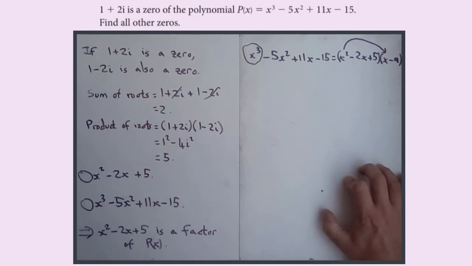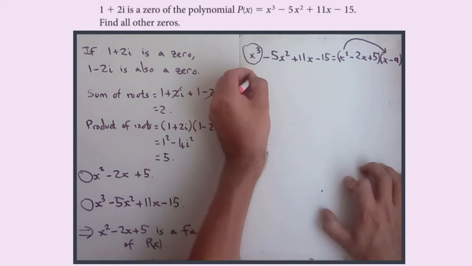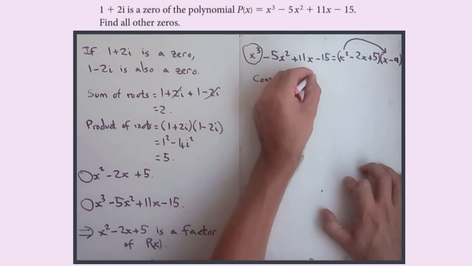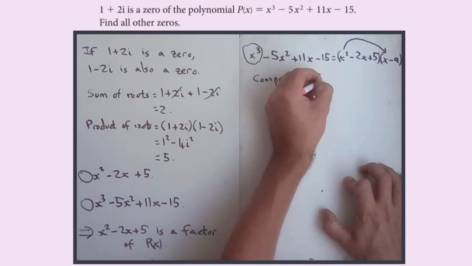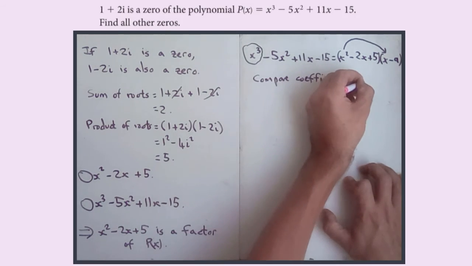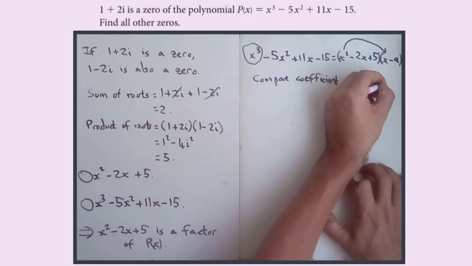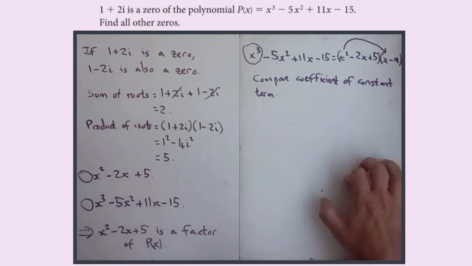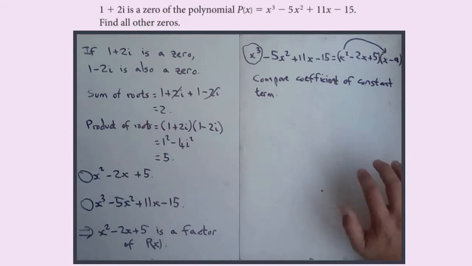Right, so then if we just compare the coefficient of the constant term, and again I'm doing exactly the same thing as I've just done with the x's really.